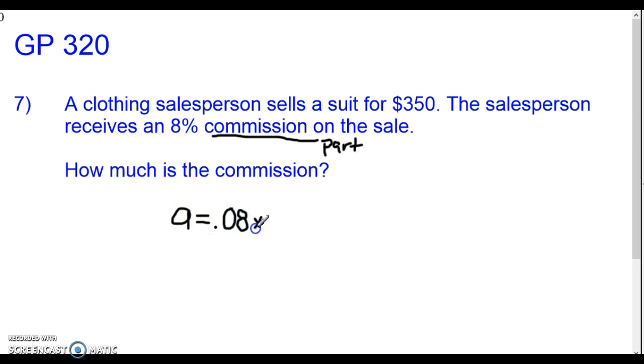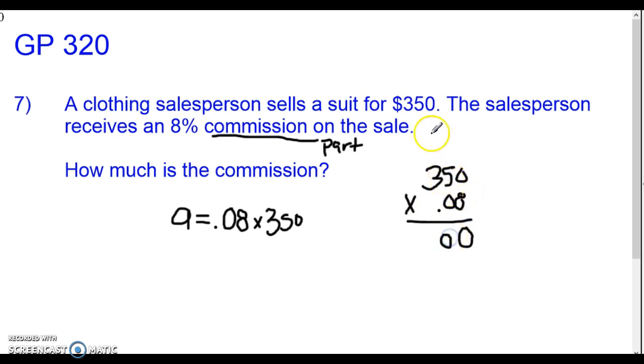times 350. And I'm using the X symbol as times just because it's a little easier to see than the dot. So now I need to go ahead and solve this. So 350 times 0.08. 8 times 0 is 0. 8 times 5 is 40, so the 0 goes here.